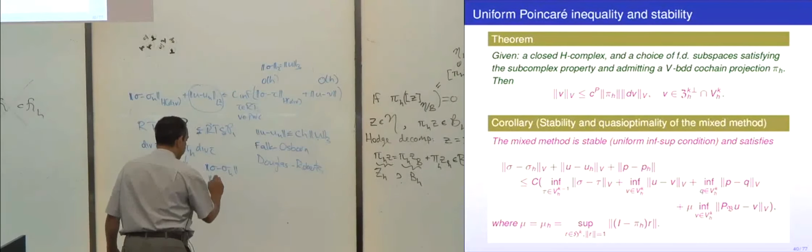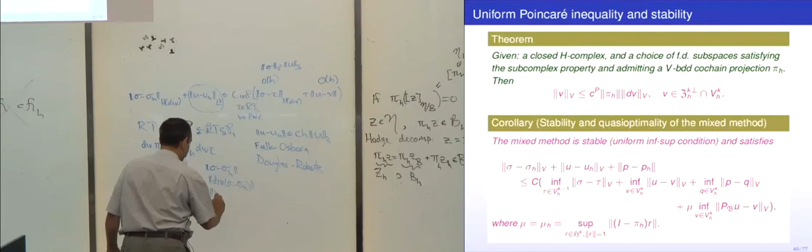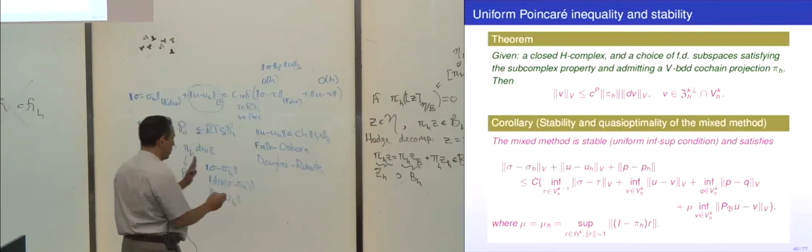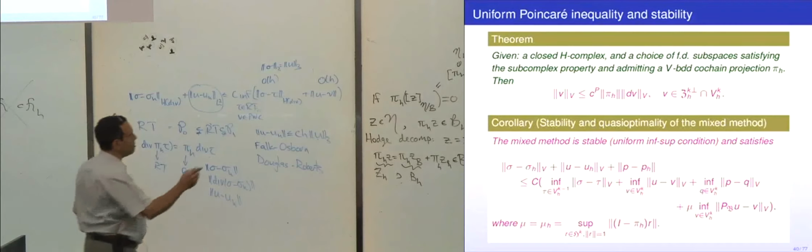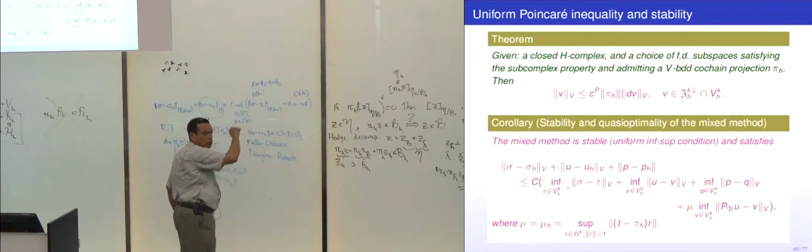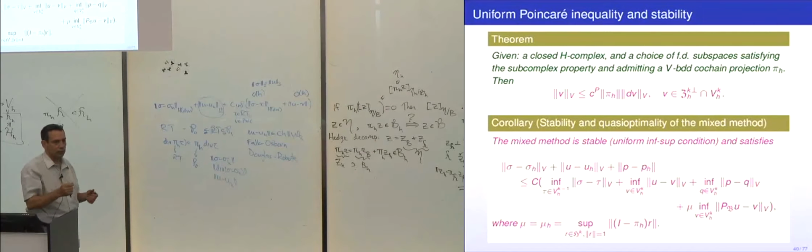And what could we prove for div sigma minus div sigma h? And what could we prove for u minus u h? Well, in this case, those are the 3 main quantities. Can we get error estimates for those, both trying to maximize the powers of h and minimize the regularity assumptions? And they're more complicated than just the inf-sup condition.